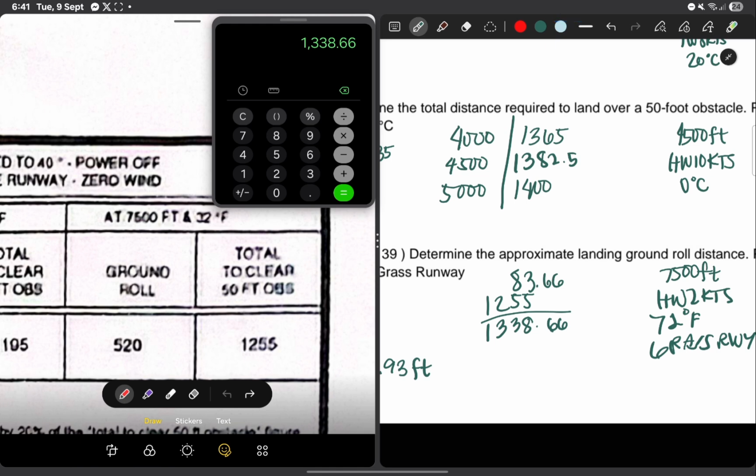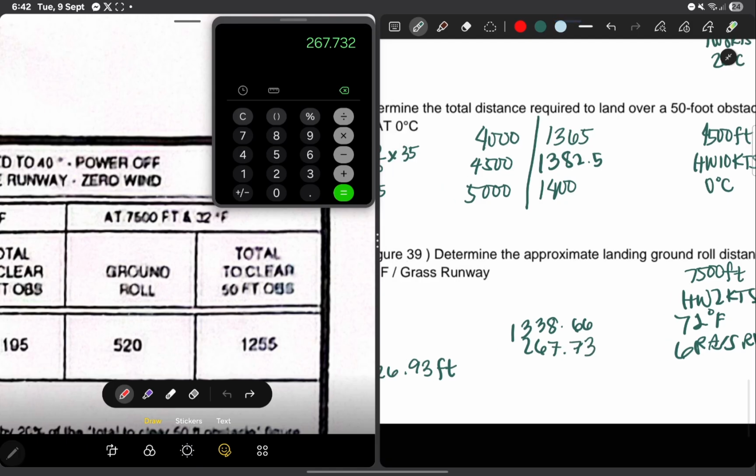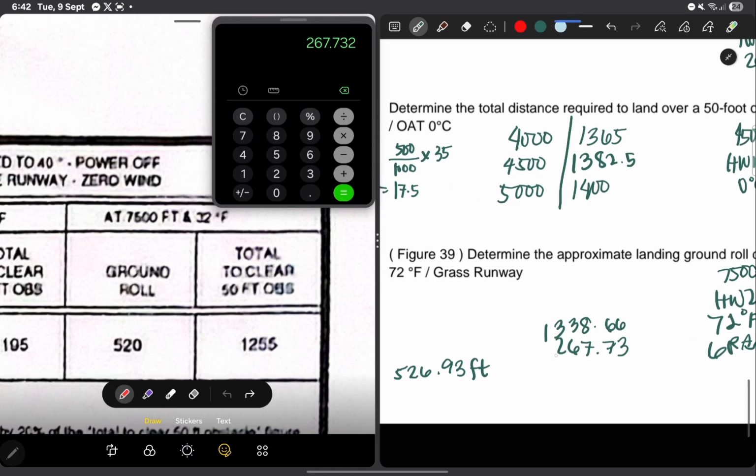Now we need to get 20% of that. Let's get 20% of 1338.66 by multiplying it by 0.2. The value is 267.73. Since it is a grass runway, we will add this value to the 526.93 feet that we have right now.